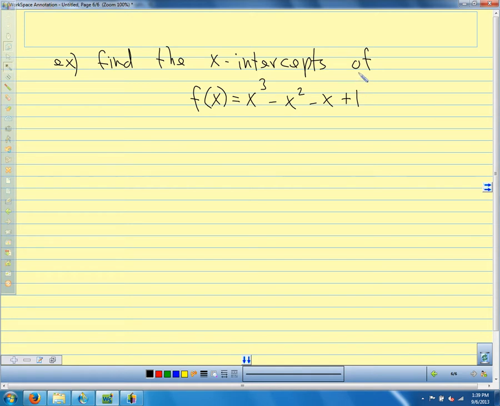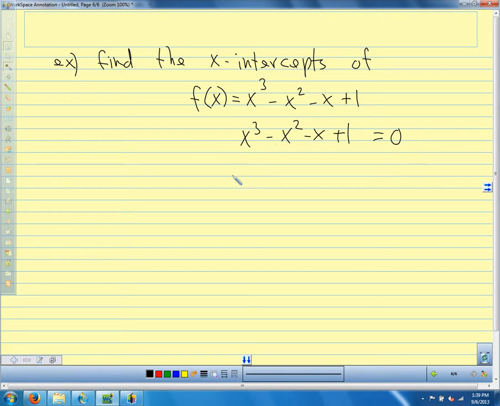So we want to find the x-intercepts. That is the same as saying we want to find where x cubed minus x squared minus x plus 1 equals 0. We said those are equivalent statements. Finding the x-intercept is finding the x value where this equation equals 0.